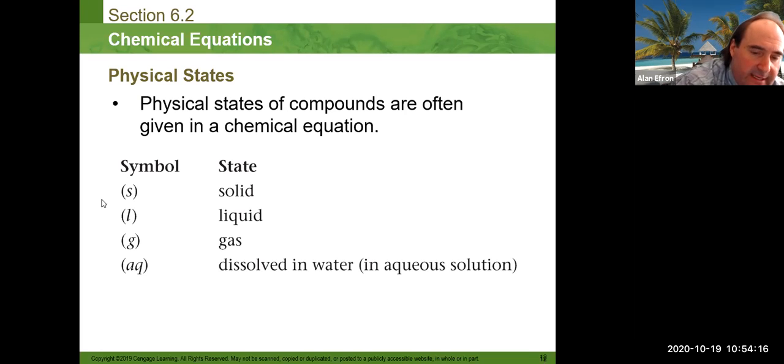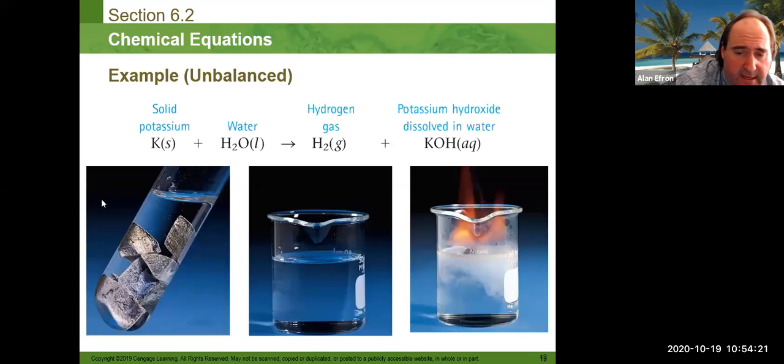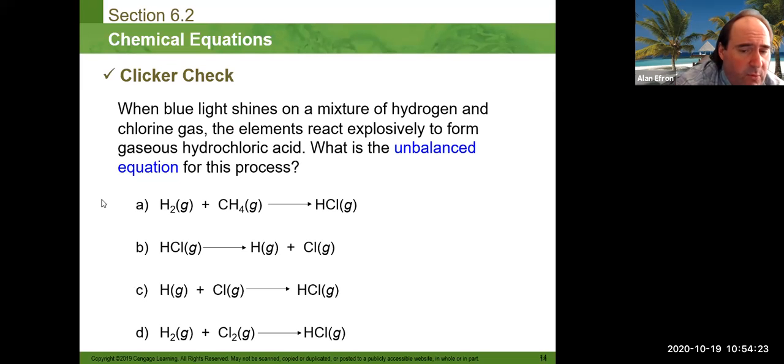One way, as we'll see in the next example, is perhaps we have everything written in words. Very often people, when they don't have the equation given to them, but have things in words, or maybe have the reactant side but not the product side, make mistakes because they try to balance the equation and write the chemical formulas at the same time.